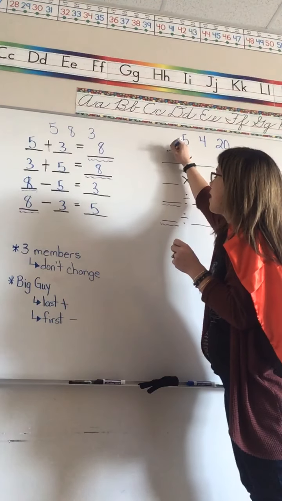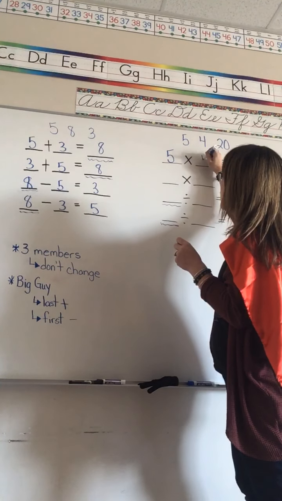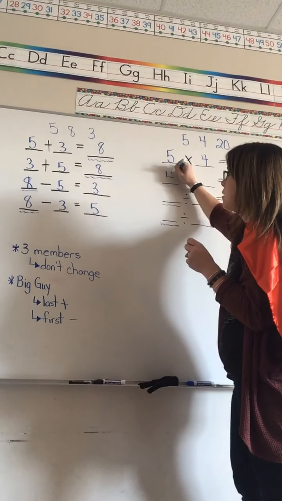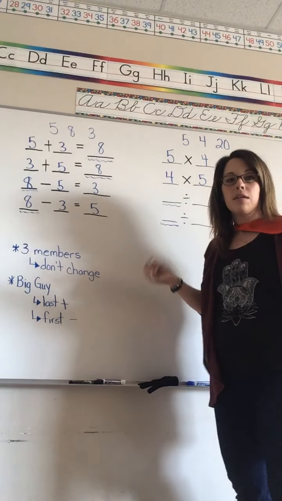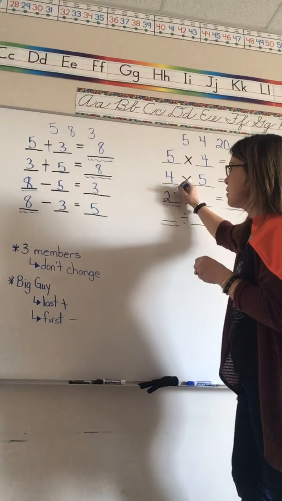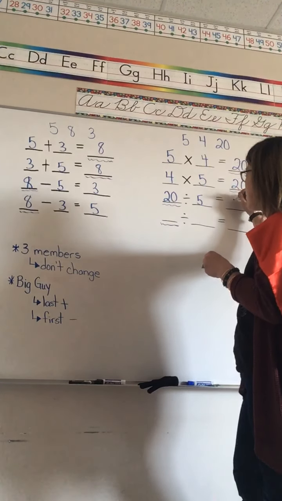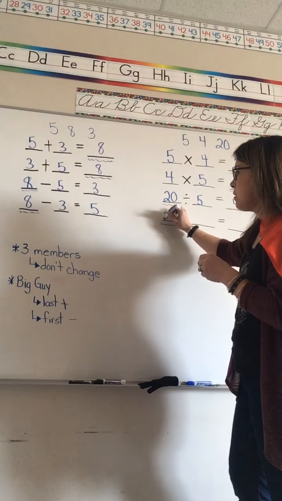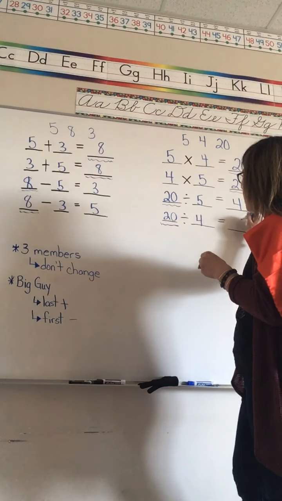So 5 times, or groups of 4, equals 20, and 4 times 5 equals 20. Now to the division, our newest. 20 divided by 5 equals 4, and 20 divided by 4 equals 5.